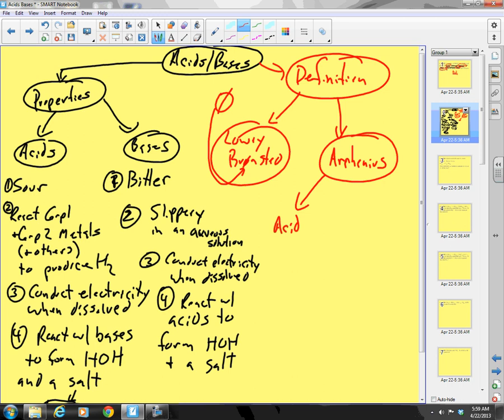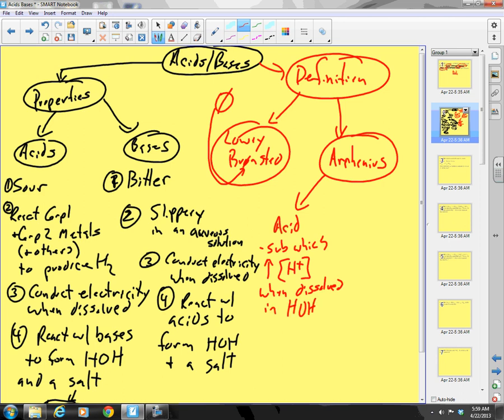It is a substance which increases the concentration of hydrogen cations when dissolved in water.